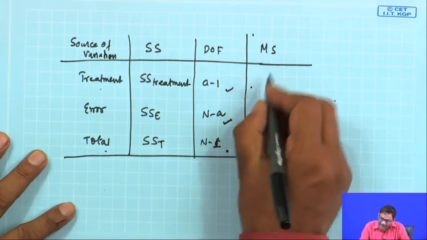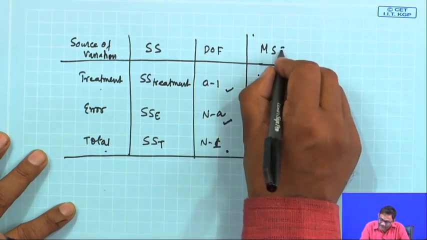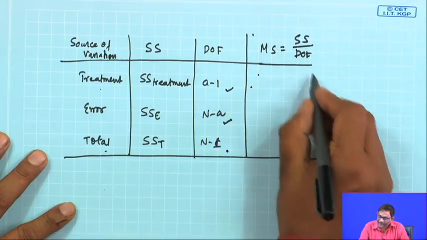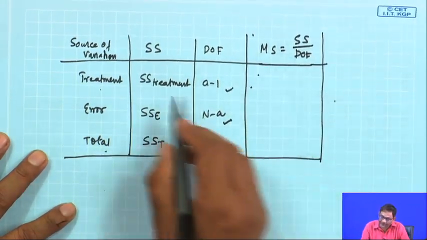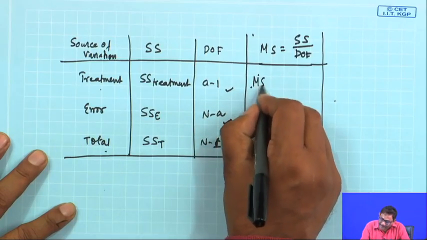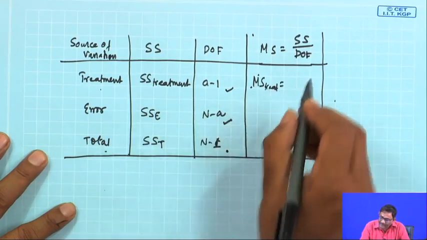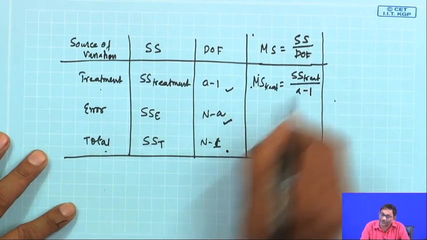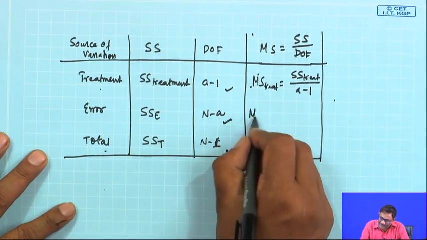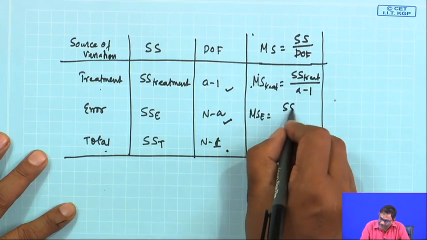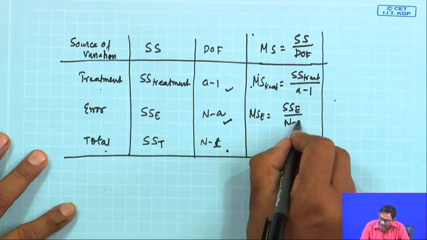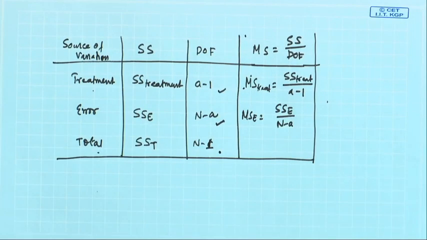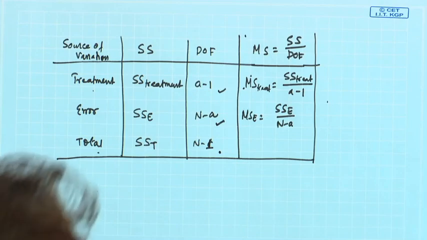Mean square is nothing but SS by DOF, for the respective one. So, I want to know MS treatment. This will be SS treatment divided by a minus 1. You want to know MS error, which is nothing but SS error by its degrees of freedom.